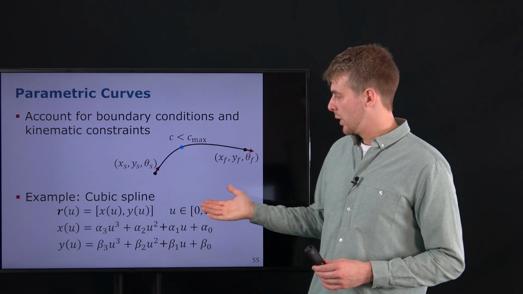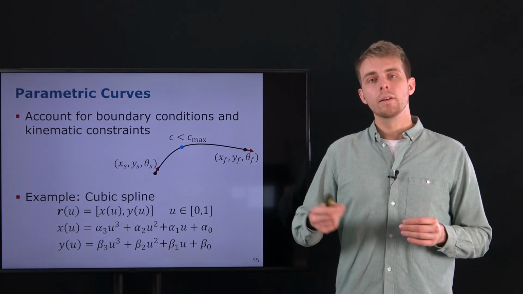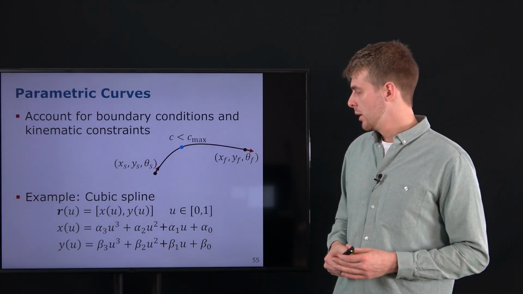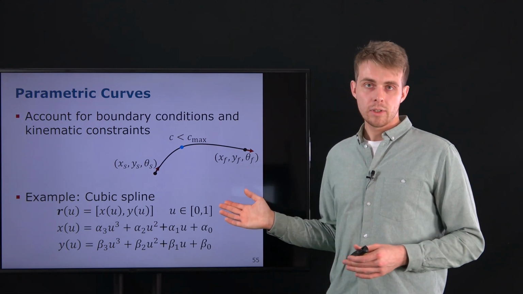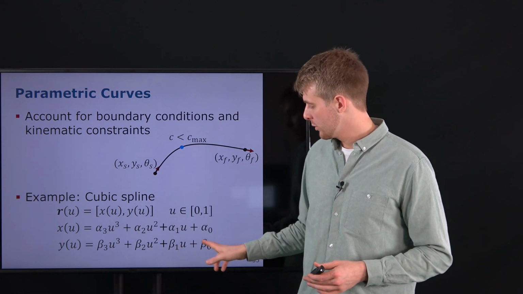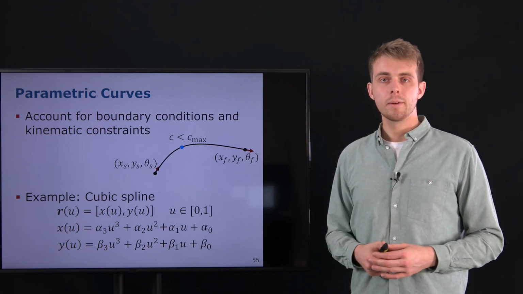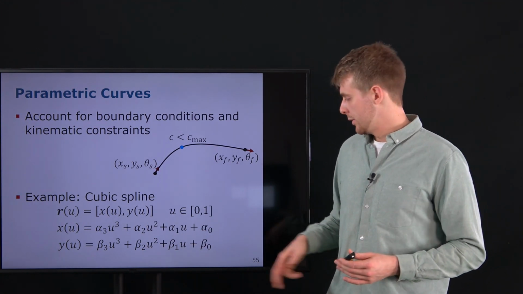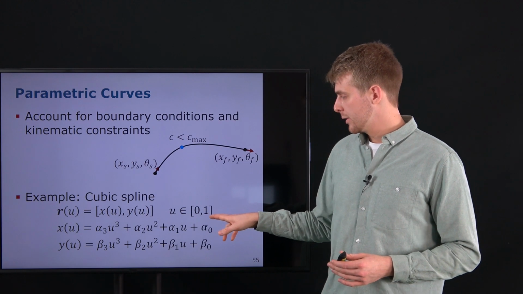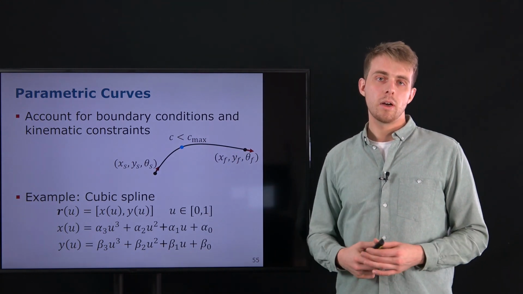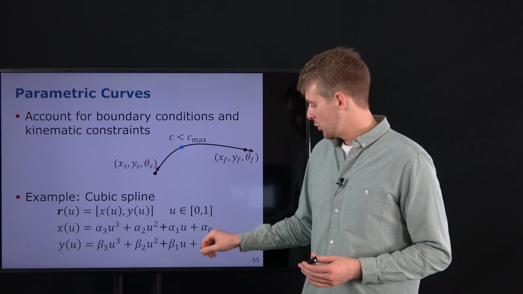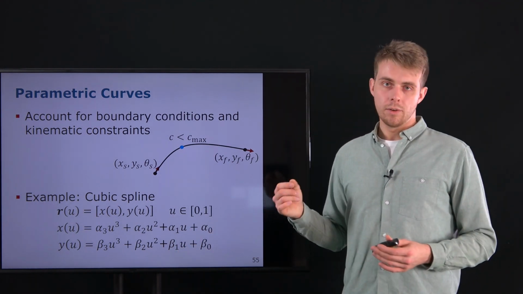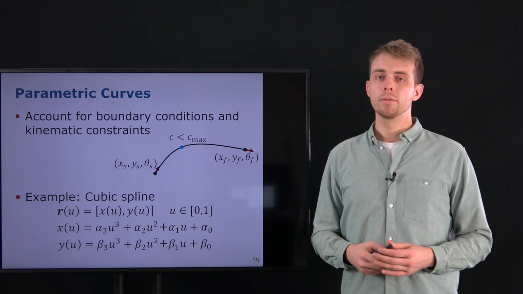So this could be done by fitting a cubic spline or combining the different splines to a trajectory. So we define how the trajectory looks like in the parameter space. We have different parameters, alpha and beta, and this u then defines where we are on this part of the trajectory. And the parameters can then be fitted to the initial conditions we have.